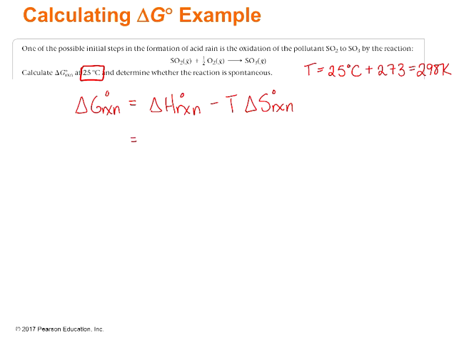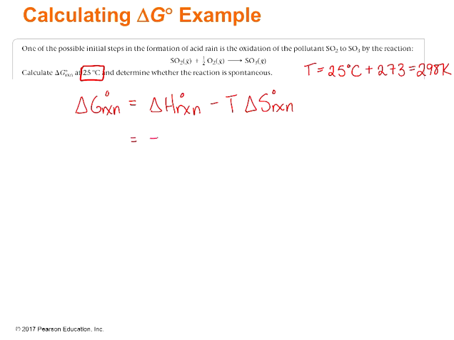So let's plug in delta H. Although we also need to make sure all of our units are similar. So delta H was in kilojoules and delta S was in joules. So maybe we'll convert delta H into joules just to make everything the same.